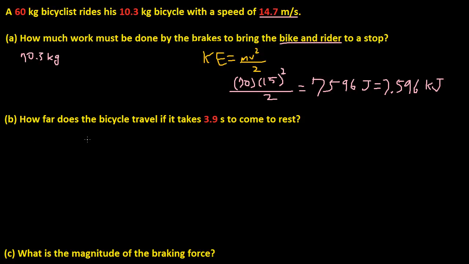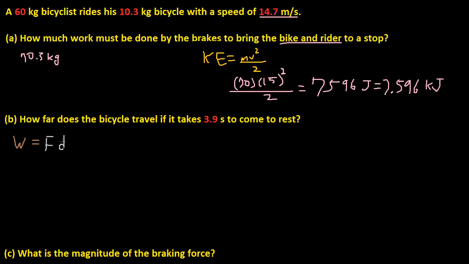Now let's look at part B. Part B says how far does the bicycle travel if it takes 3.9 seconds to come to rest? Part B takes into account time, so that might make things a little more complicated, but it's still doable. We know that work is equal to force times distance, and we're trying to solve for distance.